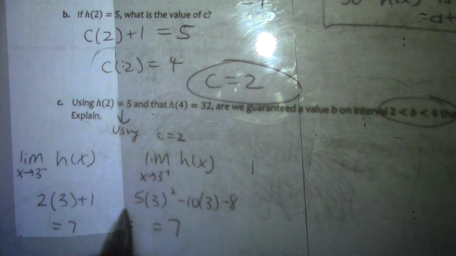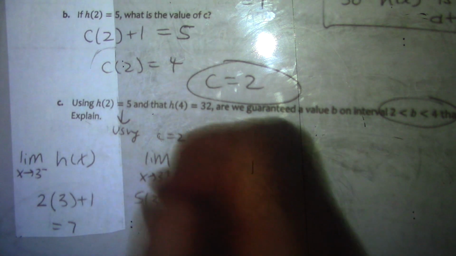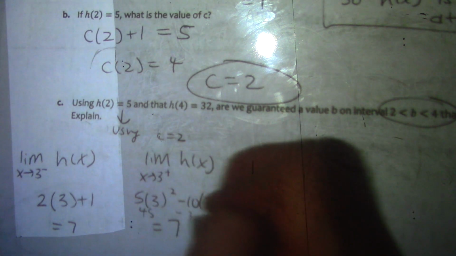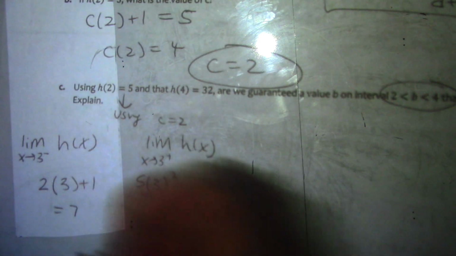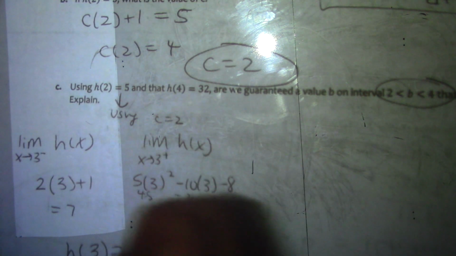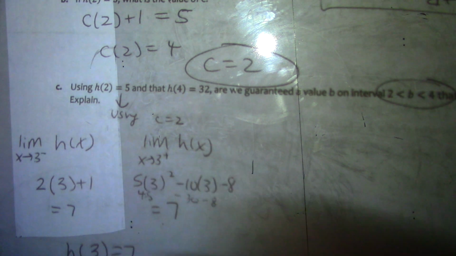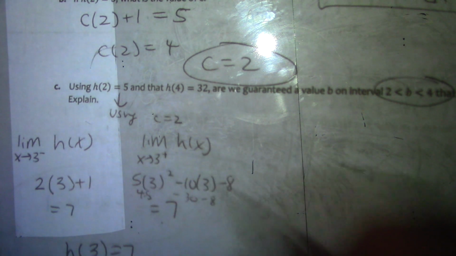The limit as x approaches 3 from the right of h of x would be, that's 7. 9 times 5, I can do this. 9 times 5 is 45, minus 30, minus 8. This would be 15 minus 8, which is 7. Good. And h of 3 is equal to 7. So this shows me that the function is continuous.